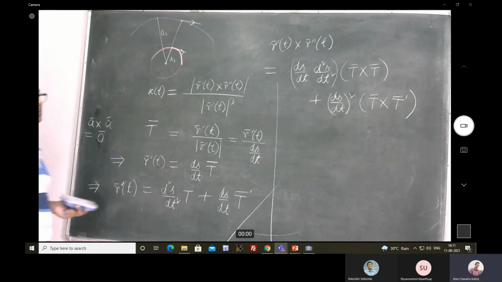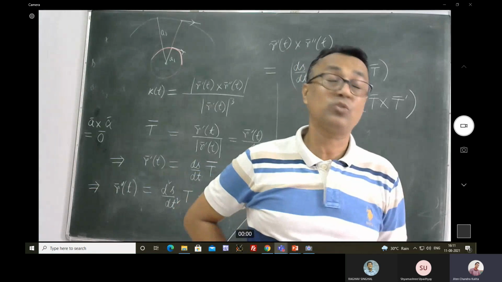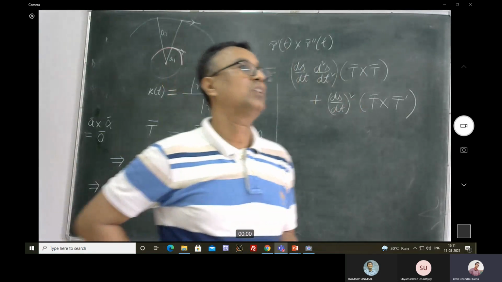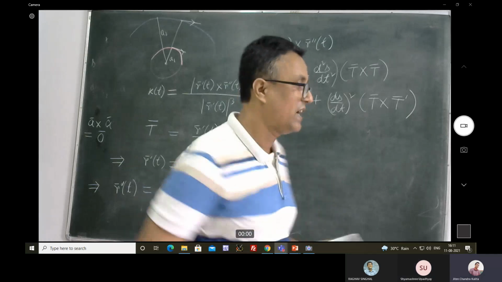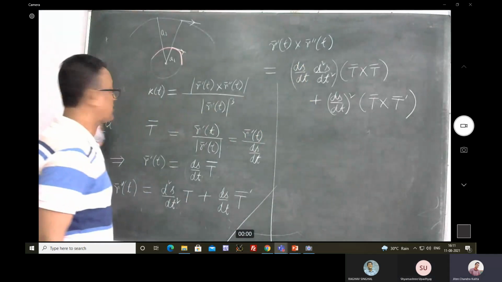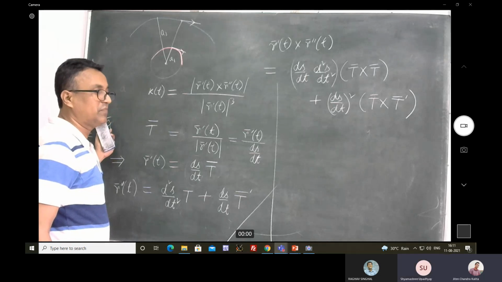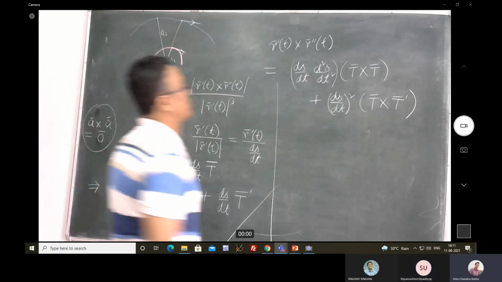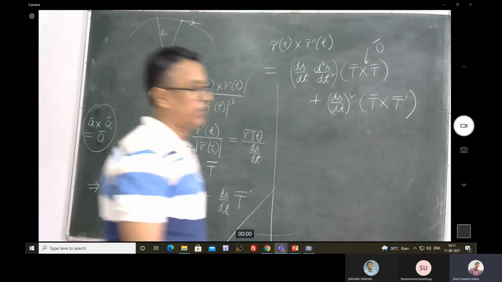Because if you recall, the cross product of two vectors A and B has the formula mod A, mod B, sin theta, right? And if the vectors are in the same direction, the angle between them is going to be 0, and sin 0 is 0. So that is why this is going to be 0, and from here I am going to get the 0 vector.